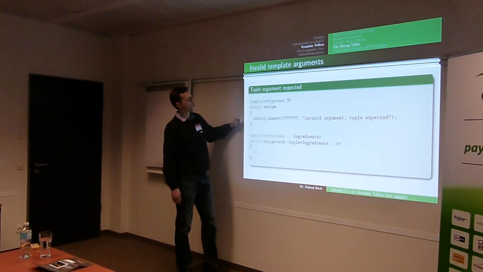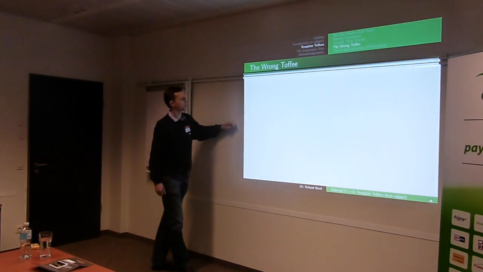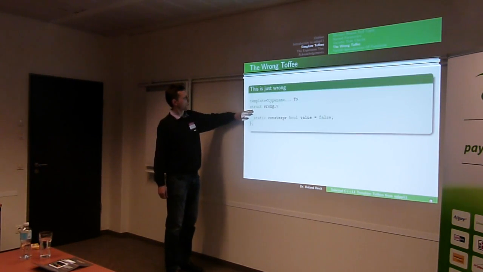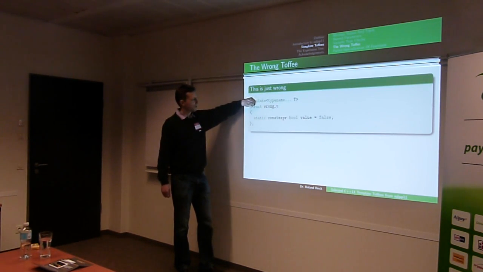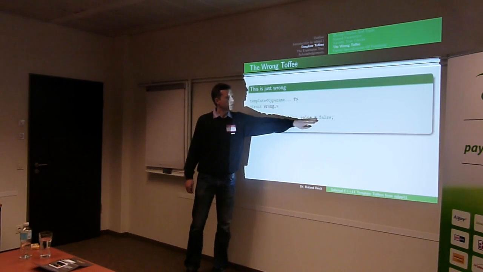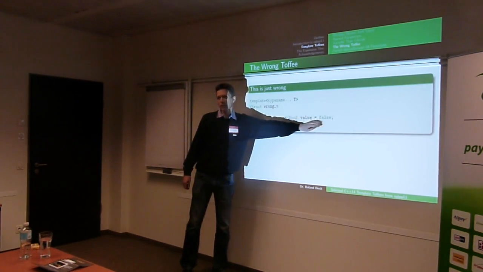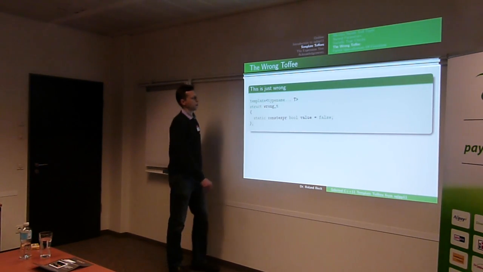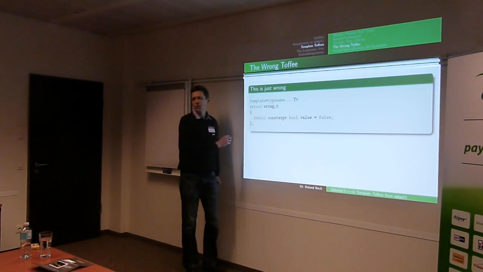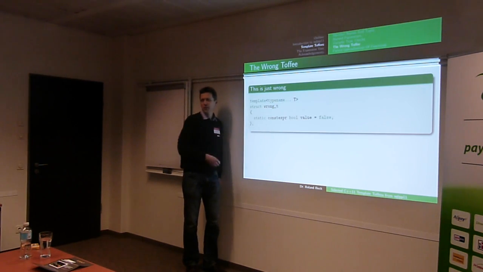I found a very short solution for this. Let's go to the next slide. Just this one here. It's a template that takes any kind of template argument and has a value of false. And you might ask, what's the big difference between this thing here and just writing false in there?